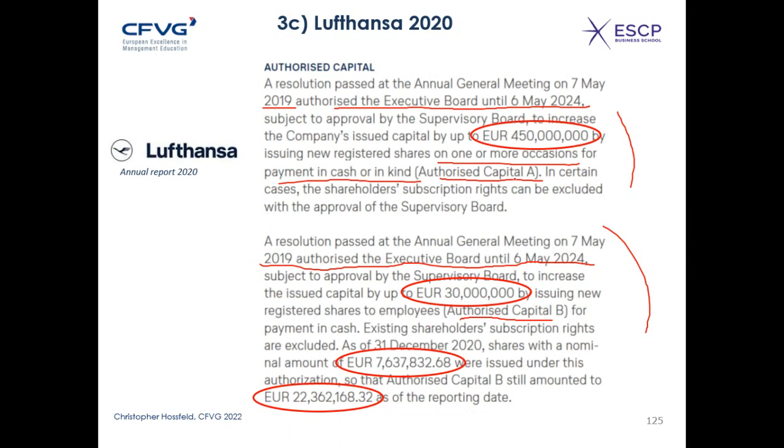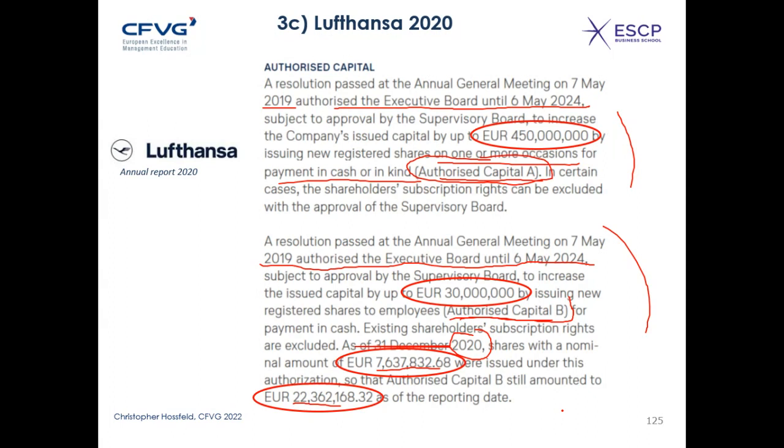The authorized capital A for Lufthansa has not been used yet, but the authorized capital B was used at the end of 2020. Lufthansa has already issued 7.6 million euros of new equity based on this, so for capital B there's still a remaining amount of 22.3 million euros.